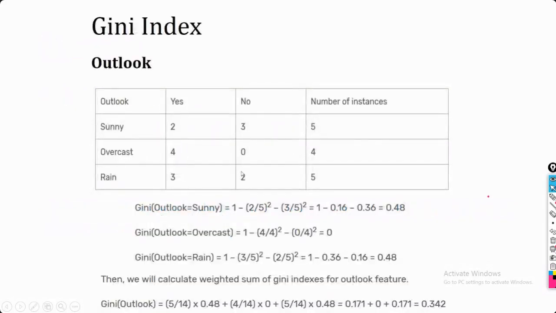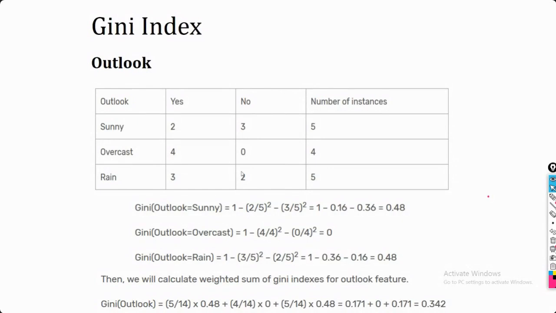Okay, so let's see how it is working. We are going to take the same example. Here, we simply count the attribute along with the value and how many follow into your yes class and no class. First we select Outlook as my attribute.